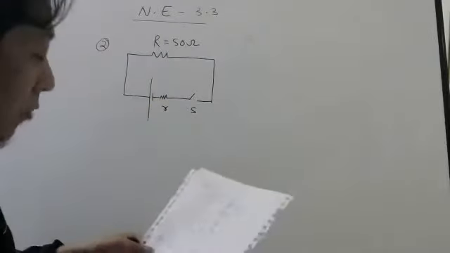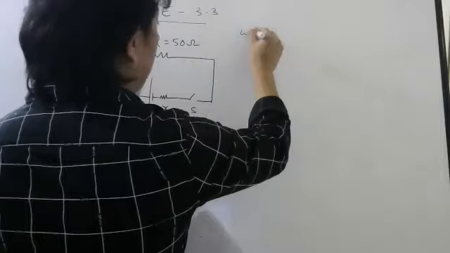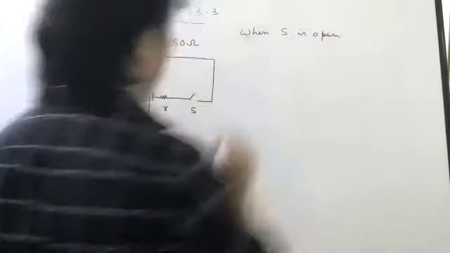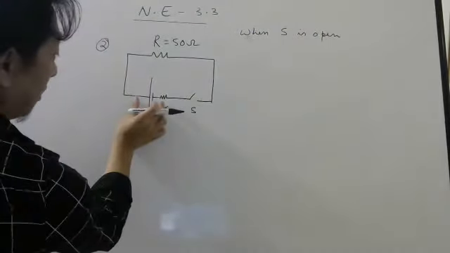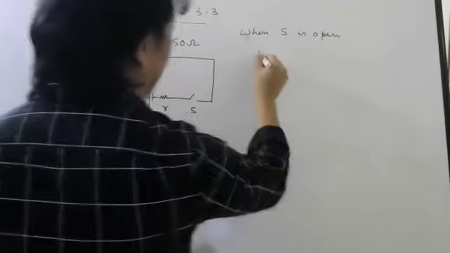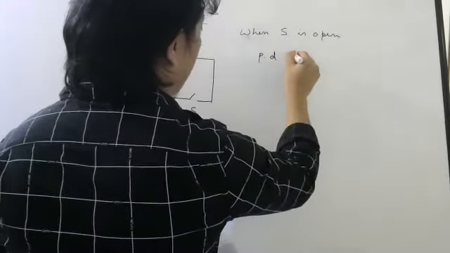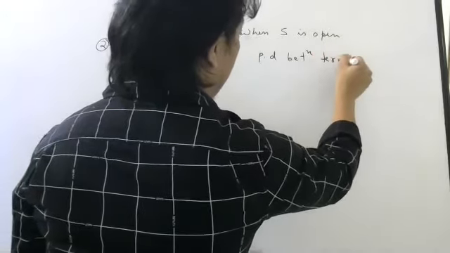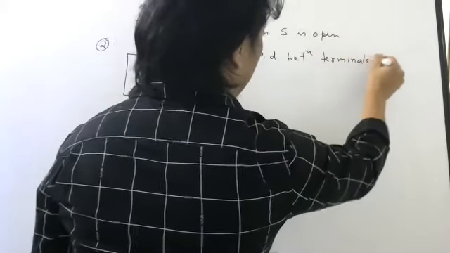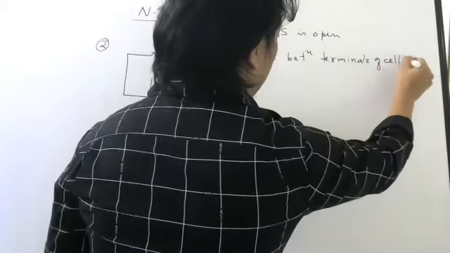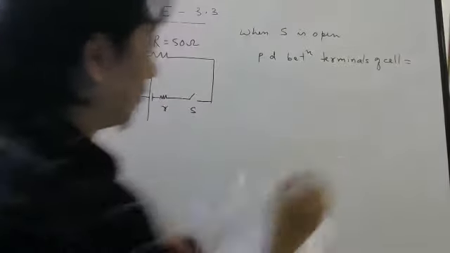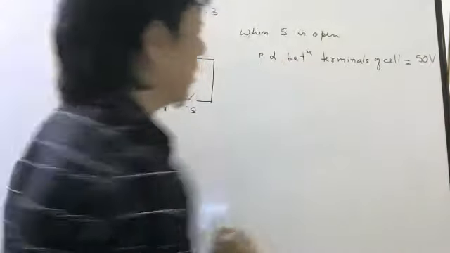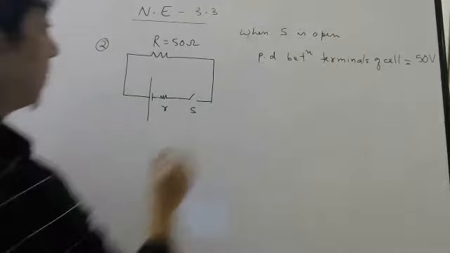Now listen carefully to what they are saying. When the switch is open, the potential difference between the terminals of the cell is given in the question as 50 volt. This is when the switch is open.